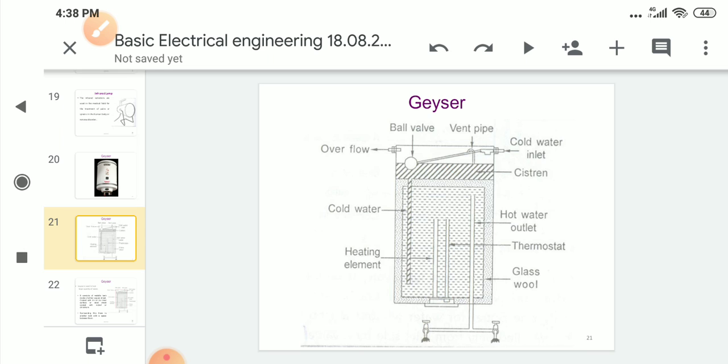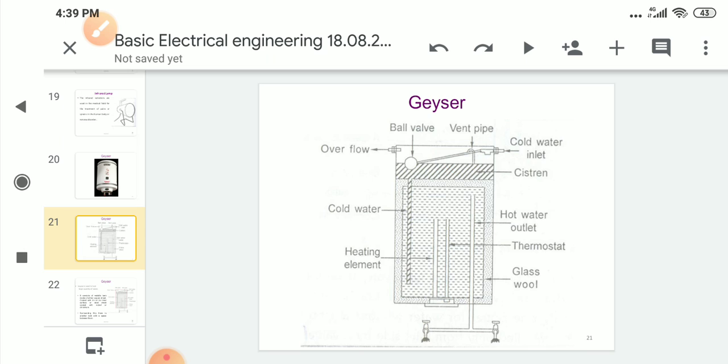What is this thermostat? The thermostat is a switch that senses the water temperature. When the temperature drops, the thermostat closes the switch to allow the current flow, and it opens when the temperature reaches its preset limit.